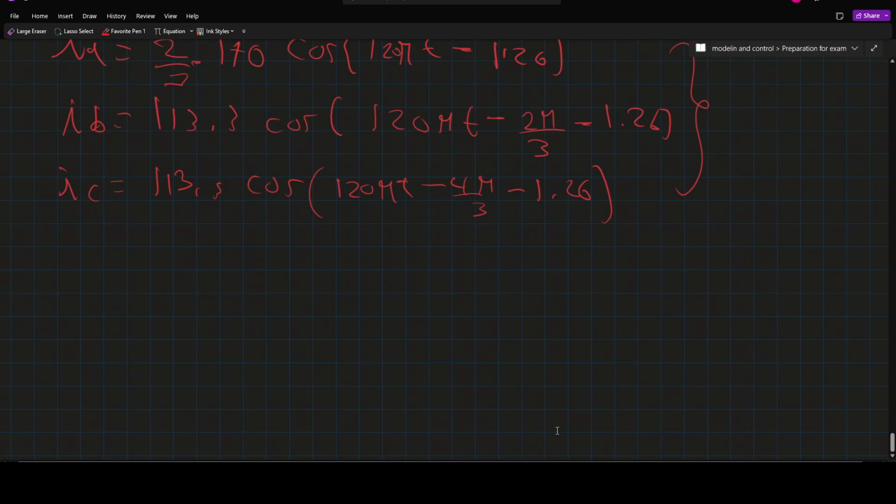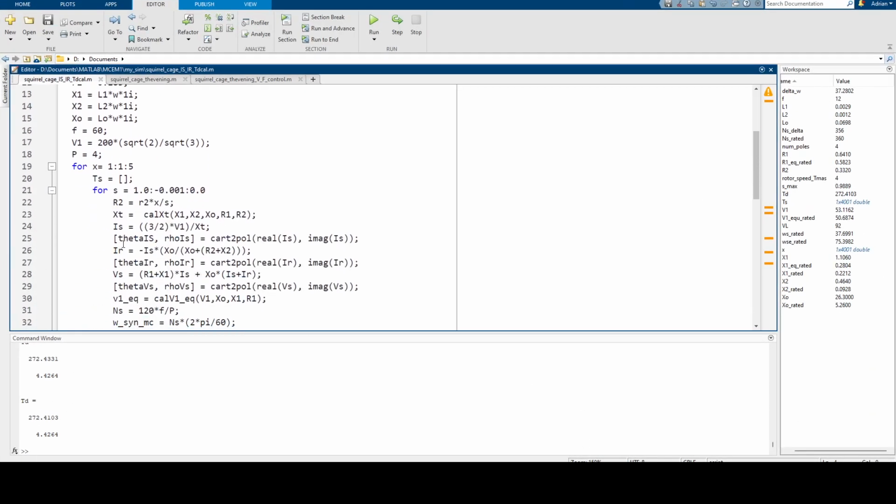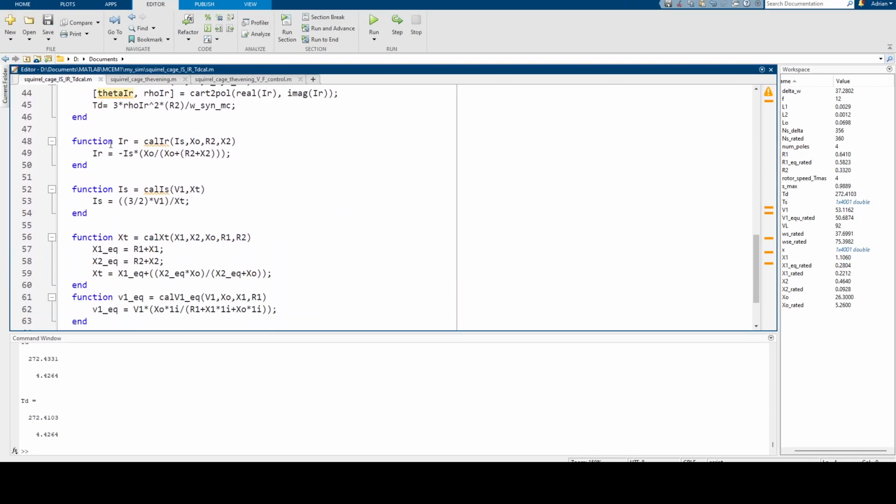Okay, so what I did, I just plugged this in MATLAB again. So for IR, we have IS, I naught, R2, and X2. So this is just the formula that we figured out: minus IS, X naught over X naught plus R2 plus X2.